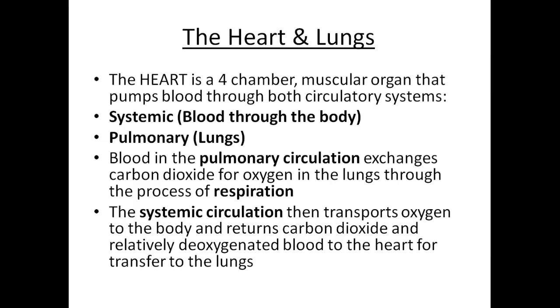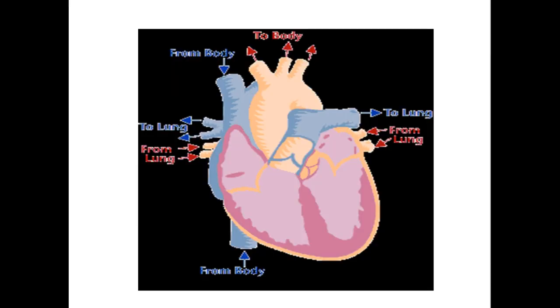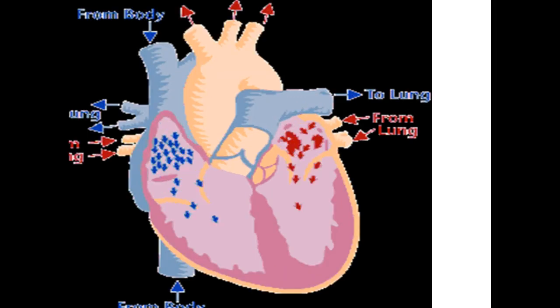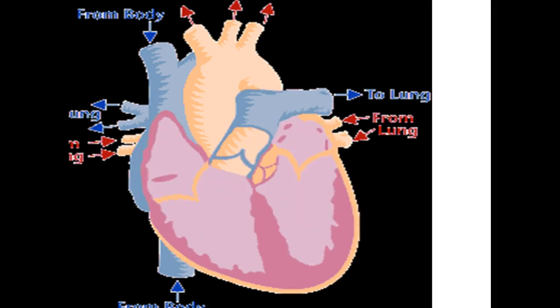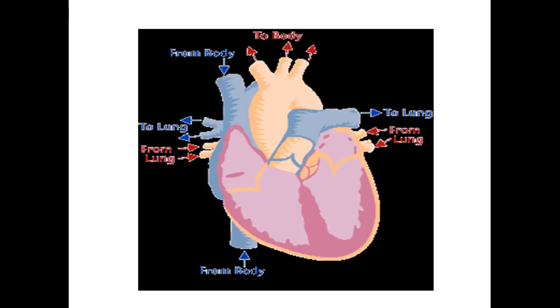And the systemic circulation then transports oxygen to the body and returns carbon dioxide and relatively deoxygenated blood to the heart in order to get reoxygenated from the lungs. So this is what's going on here. You can see that there are 2 systems, oxygenated blood and deoxygenated blood, and that's a nice way of showing it.